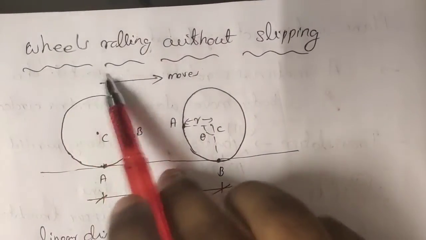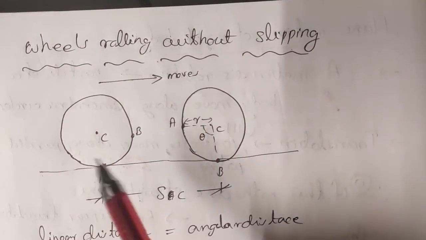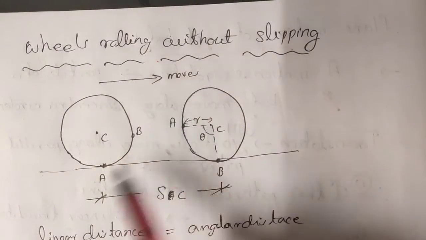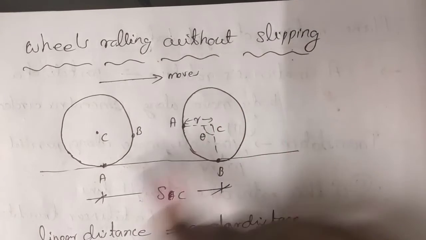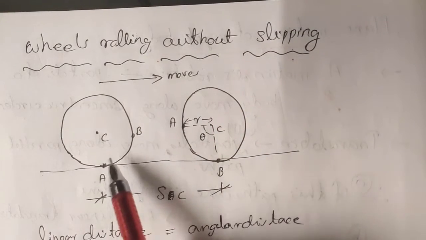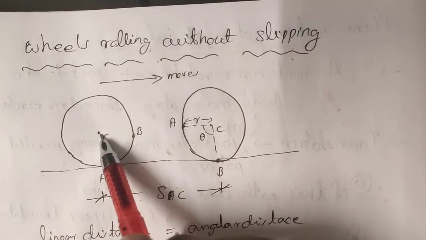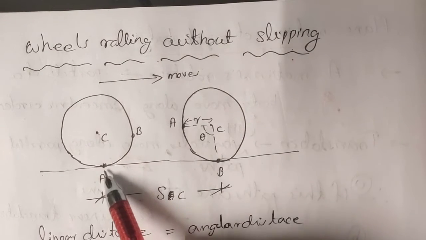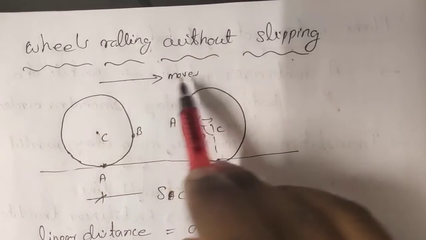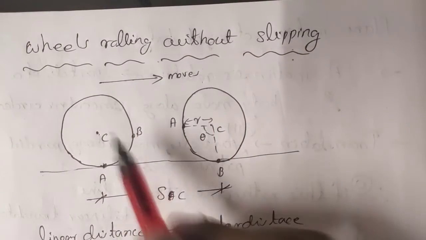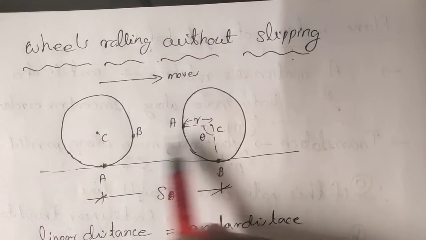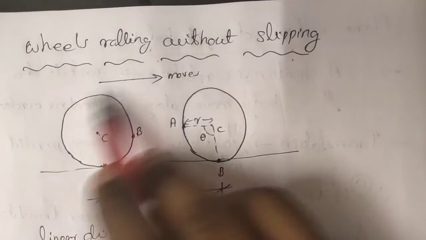The next topic is wheels rolling without slipping. This is the wheel with the center C, and it has two points, A and B. It moves from here to here, so C moves from here to here by rotating.